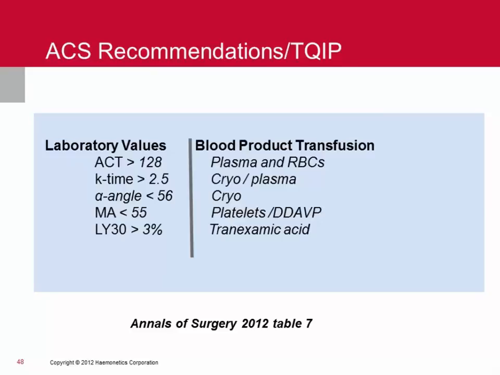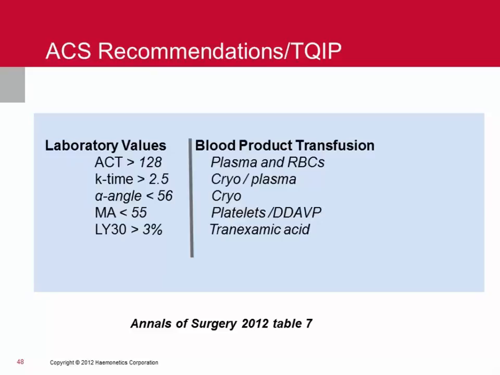The American College of Surgeons recommendations, or the TQIP, Trauma Quality Improvement Program, recommends these as your triggers for TEG and what products to use. So a TEG ACT greater than 128 seconds, they're telling you need to give plasma and RBCs. Oh, by the way, this is taken out of Ernie Moore's and Brian Cotton's work. Brian Cotton down in Memorial Hermann.